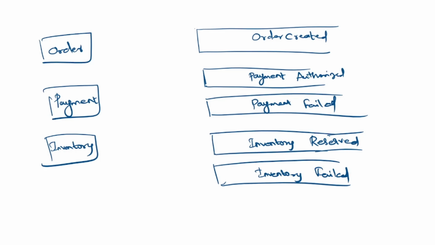We have 3 services and 5 Kafka topics. Order service receives the order request. Order service will publish the order created message in the Kafka topic. Now payment service consumes the order created message with order information.